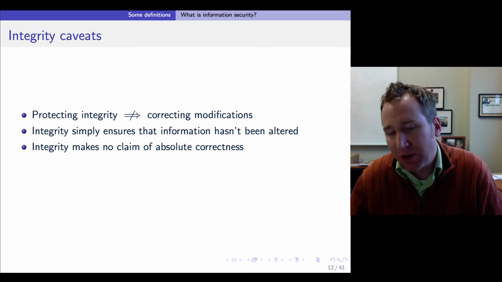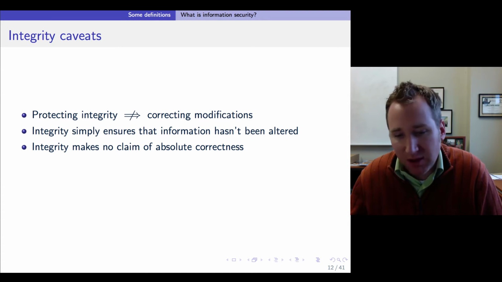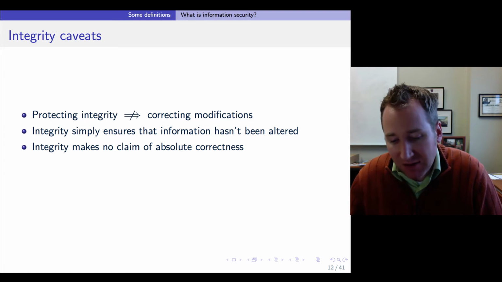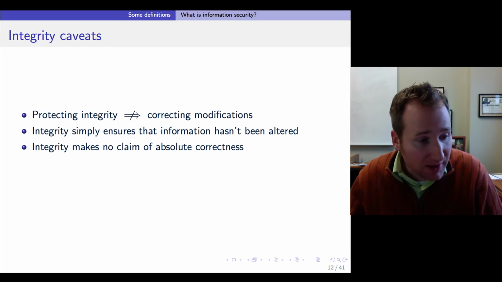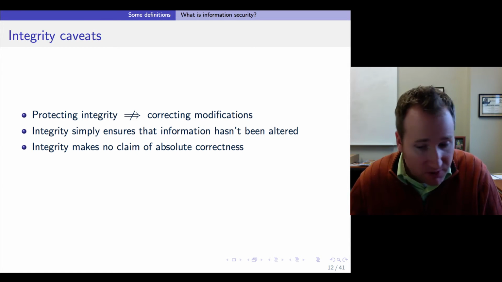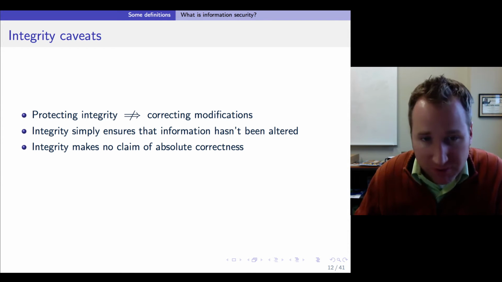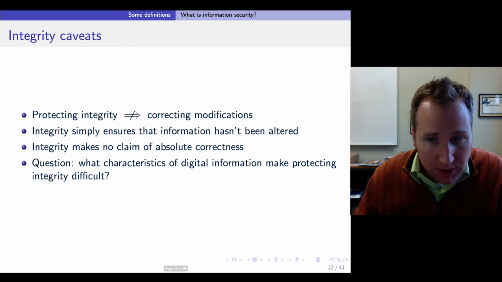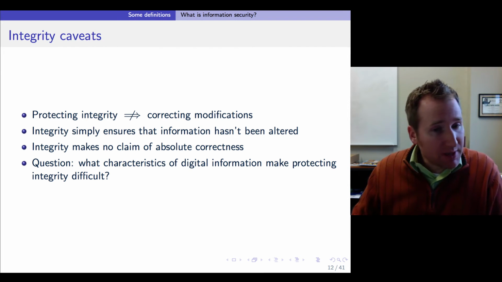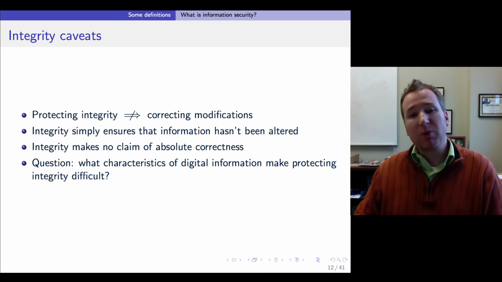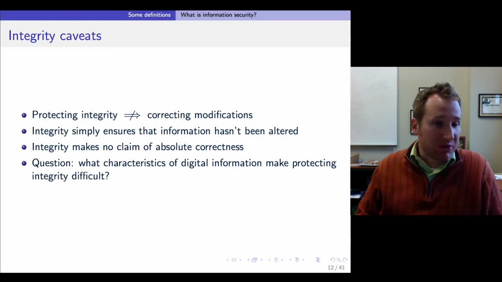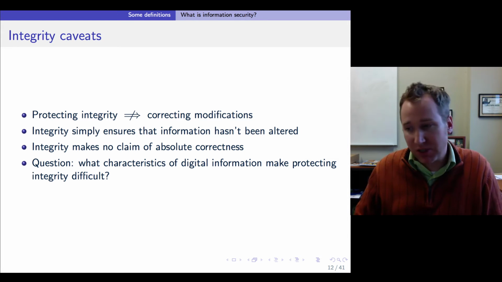It's perfectly feasible to have data that has not been manipulated that is actually bogus from the start. So integrity makes no claim about the actual correctness of the underlying information. So, same question as before: what characteristics of digital information make protecting integrity hard to achieve?